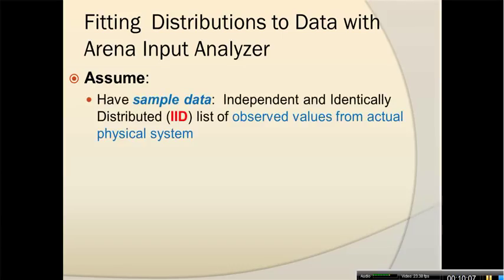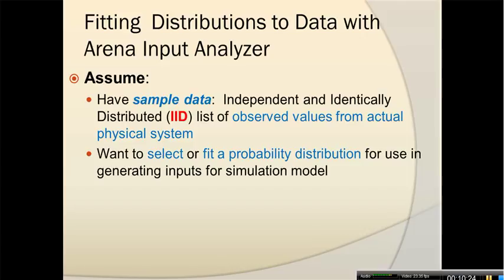So we will assume that we have simple data. The assumption when we talk about simple data is that observations are independent and identically distributed, and those observations come from the actual physical system. And we want to select or fit a probability distribution for use in generating inputs for the simulation model.